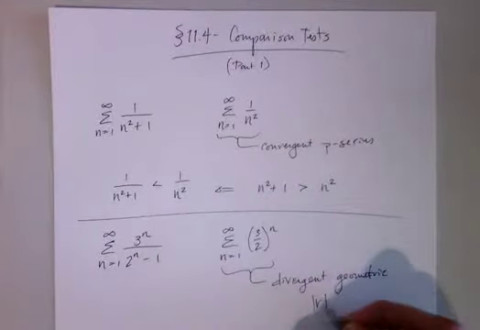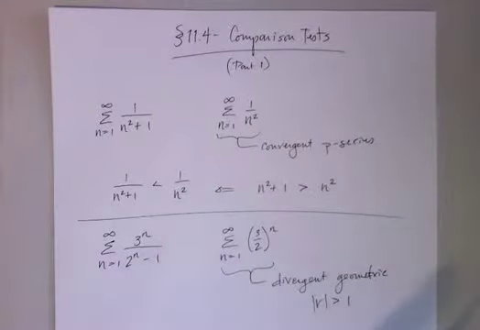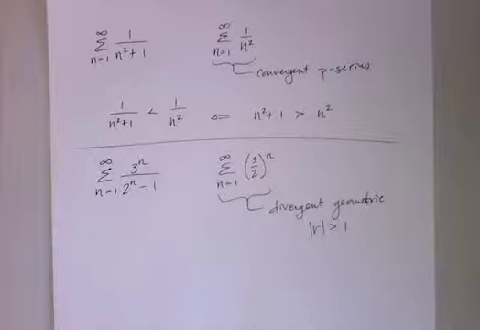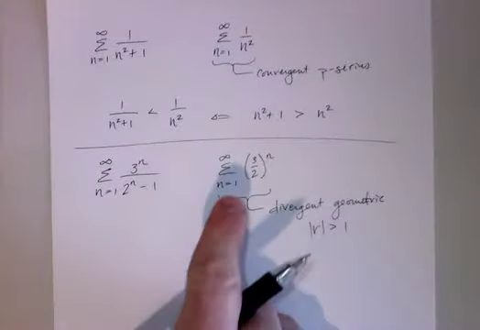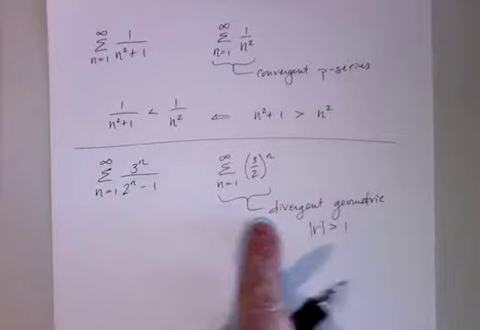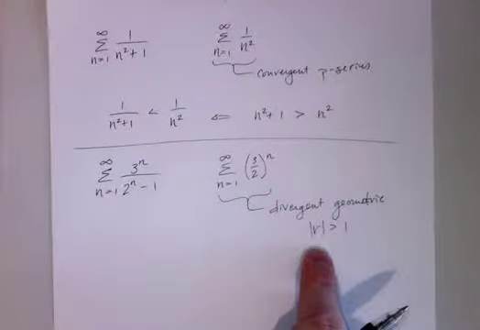Because the absolute value of r is greater than 1. It's 3/2, it's 1.5, it's greater. It's going to make each term 1.5 times the magnitude of the previous term. And if the terms are getting larger as you keep adding them out to infinity, there's no way that it can converge. So we know that for all positive n, that is going to be a divergent geometric series.